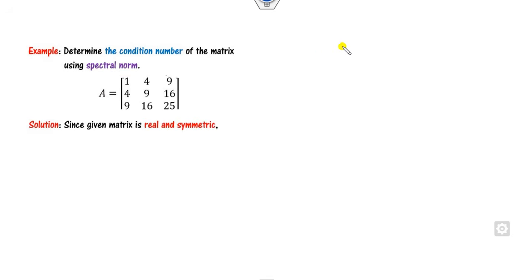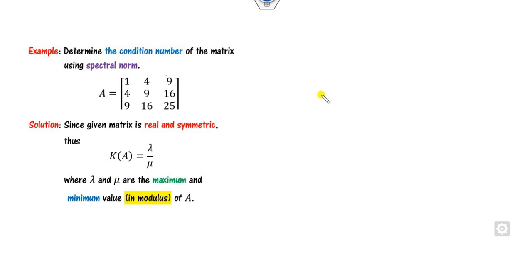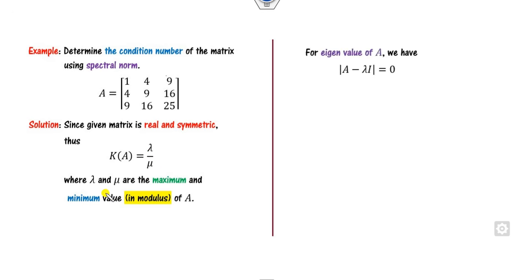As the matrix is real and symmetric, that means A is equal to A star, or you can say A is equal to A transpose, then the condition number is nothing but lambda over mu, where mu and lambda are the minimum and the maximum eigenvalue. How can you find the eigenvalue? I can start from here. We find this value where I is my 3 cross 3 matrix.